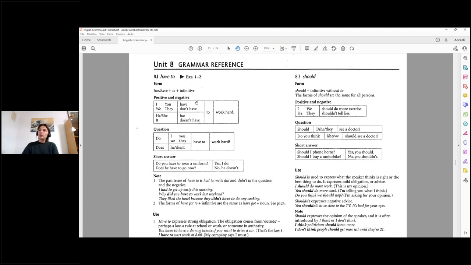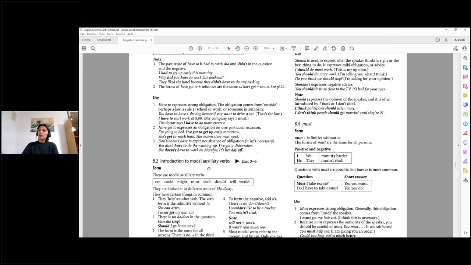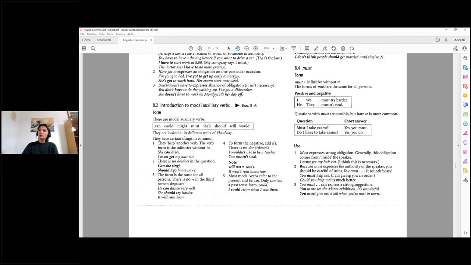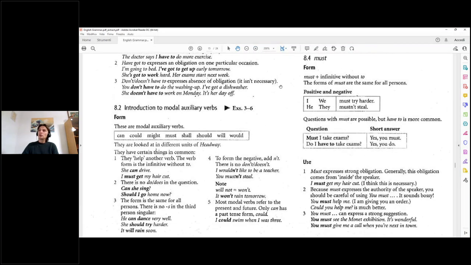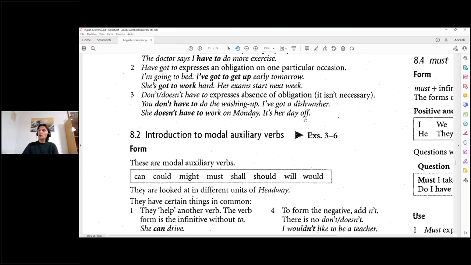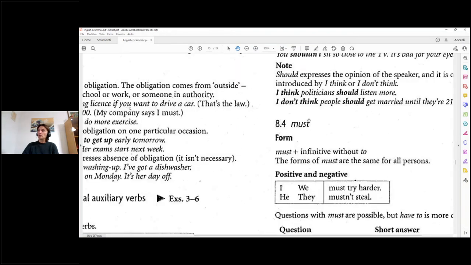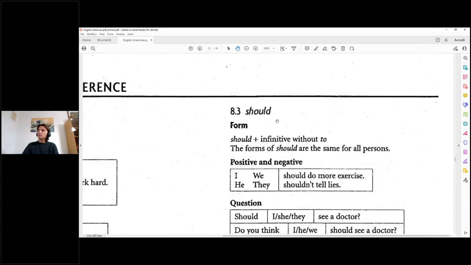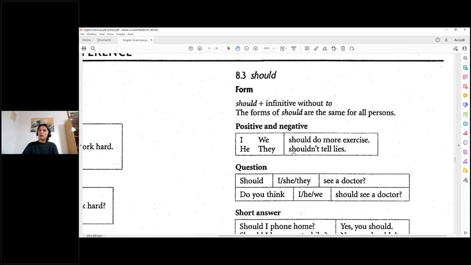So we're going to talk about have to, and an introduction to modal auxiliary verbs. I mean, these verbs that you see right here: can, could, might, must, and I'm going to explain this real quick for you. Then we're going to talk about should.